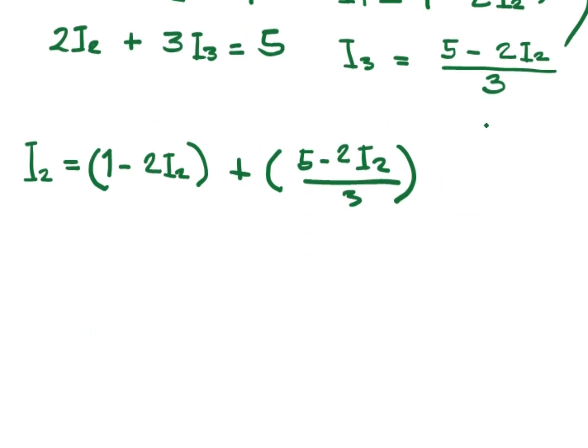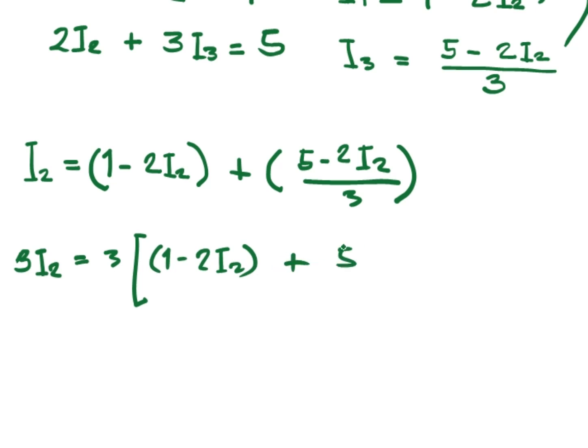Let us multiply both sides of the equation by 3 so we can eliminate the denominator 3 on this term. So it will become 3I2 equals 3 times the quantity 1 minus 2I2, plus the quantity 5 minus 2I2 all over 3.